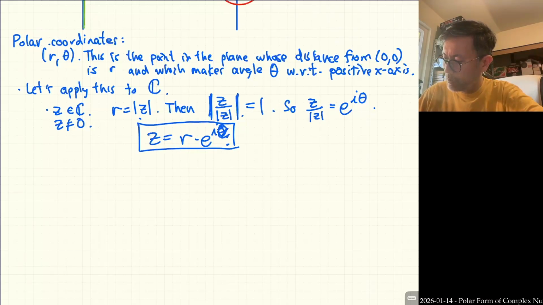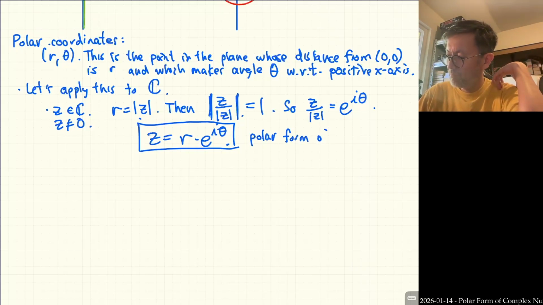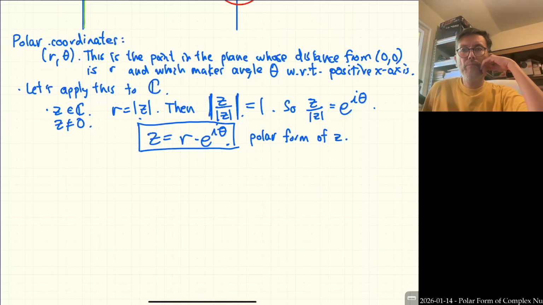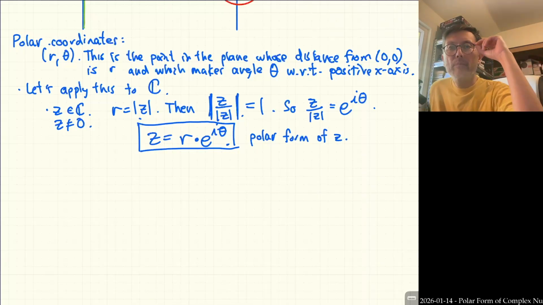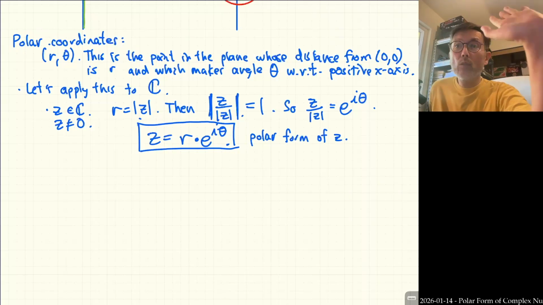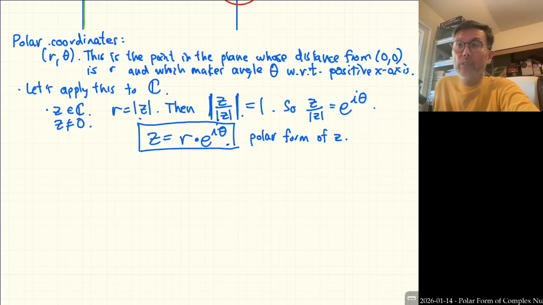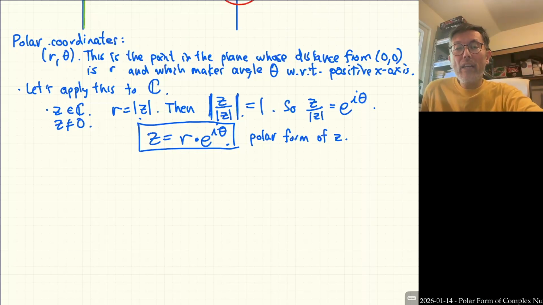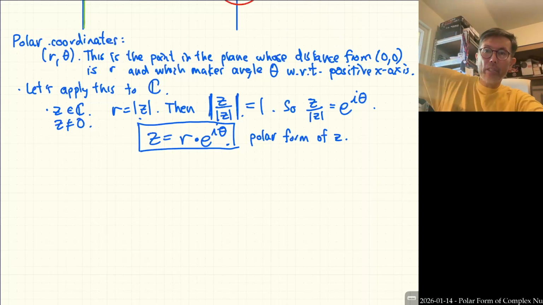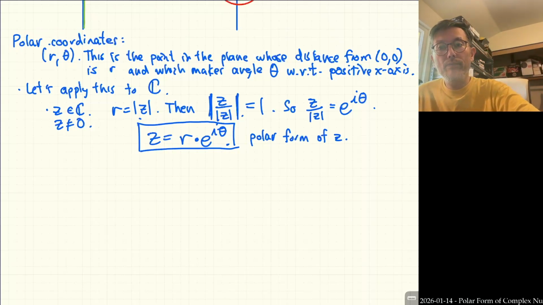Here r is a real number. In fact, it's a positive real number, and I guess it could be 0 if you want to allow 0 into your life. And then e to the i theta is some complex number which lives on the unit circle.